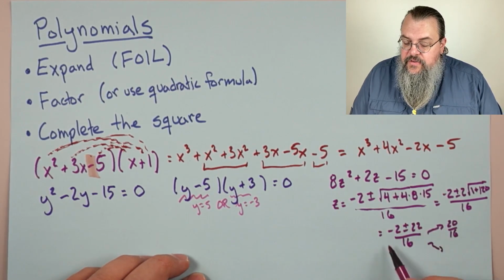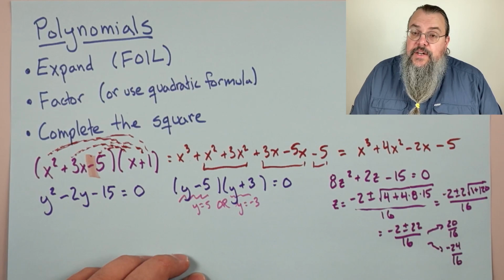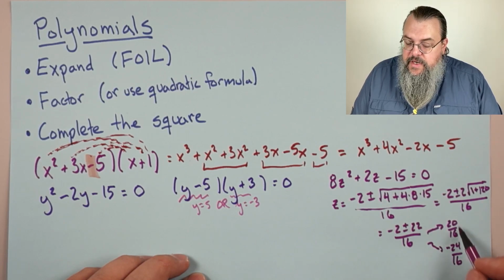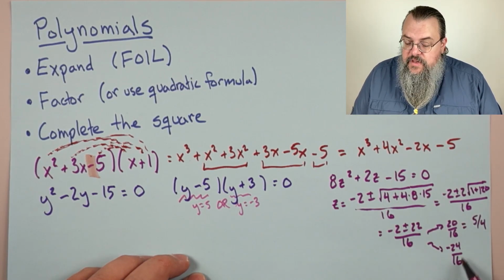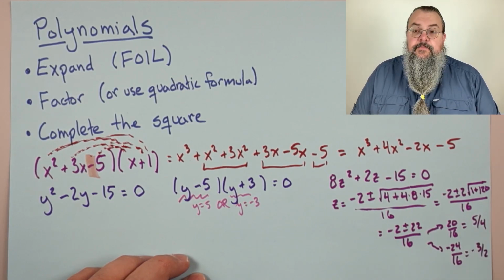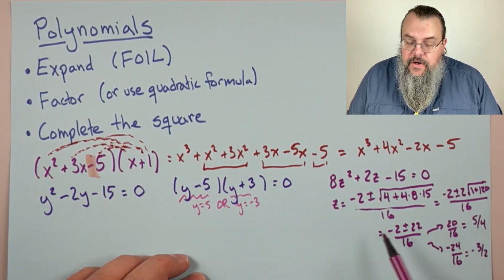And then negative 2 minus 22 is minus 24 over 16. And 20 over 16, you can divide out by a factor of 4. That gives us 5/4. 24 over 16, factor of 8, negative 3/2. And so we found our roots.